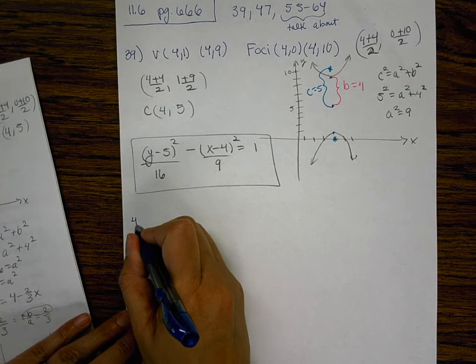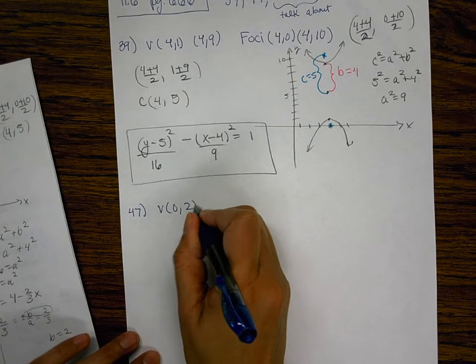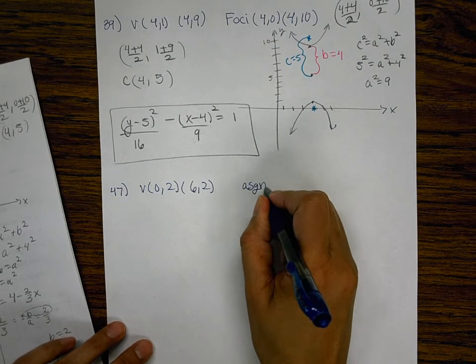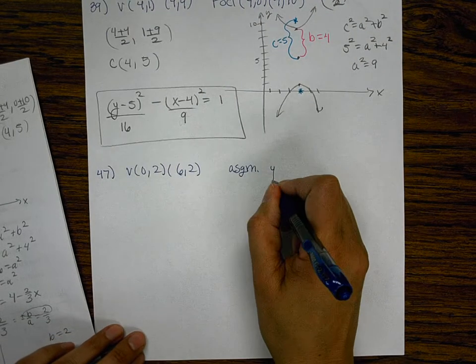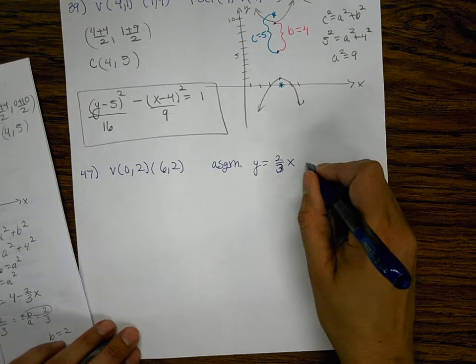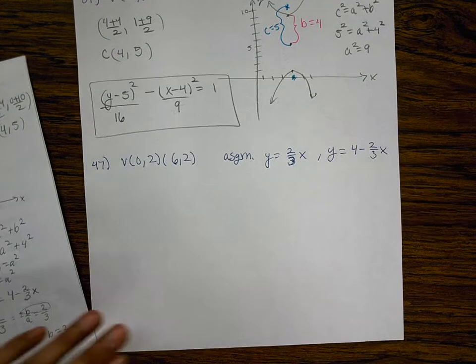Okay, 47. The vertices are 0, 2 and 6, 2. And the equations of the asymptotes are y equals 2/3 x and y equals 4 minus 2/3 x.